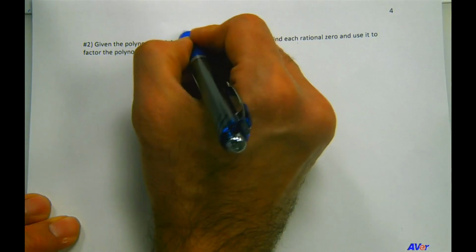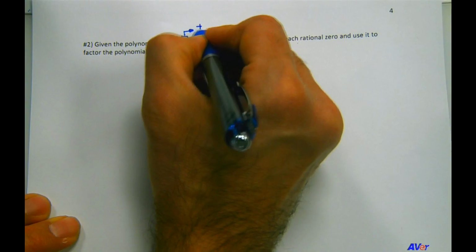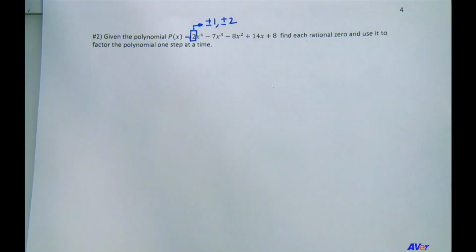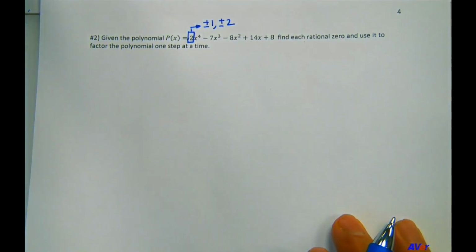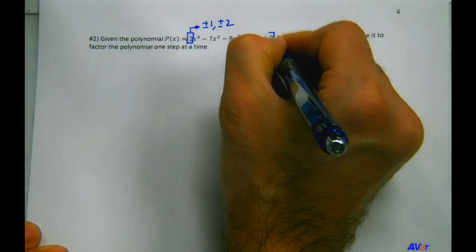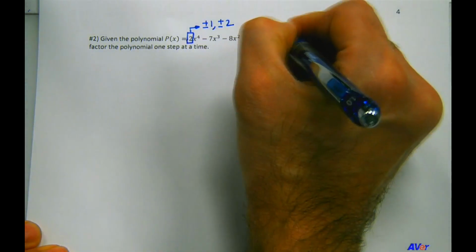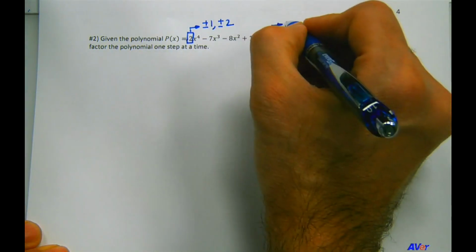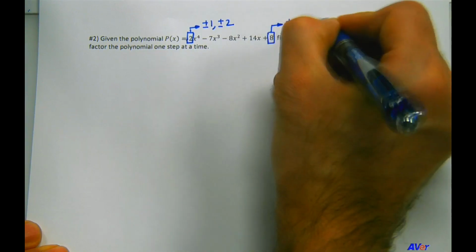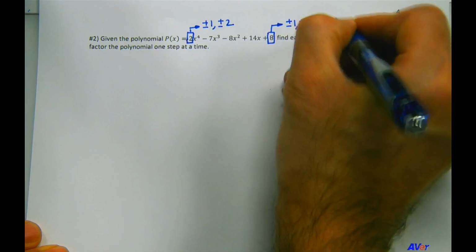So that has factors plus or minus 1 and plus or minus 2. Right? So the constant in this polynomial is positive 8, and positive 8 has these factors, plus or minus 1, plus or minus 2, plus or minus 4, and plus or minus 8.